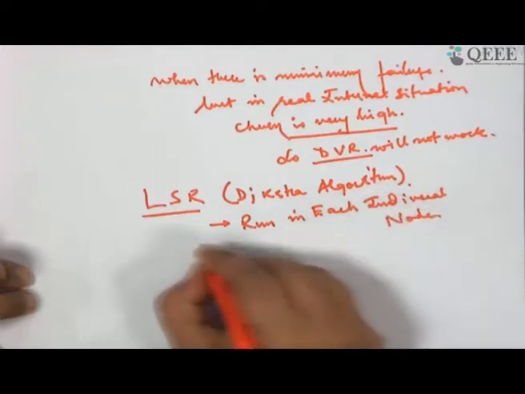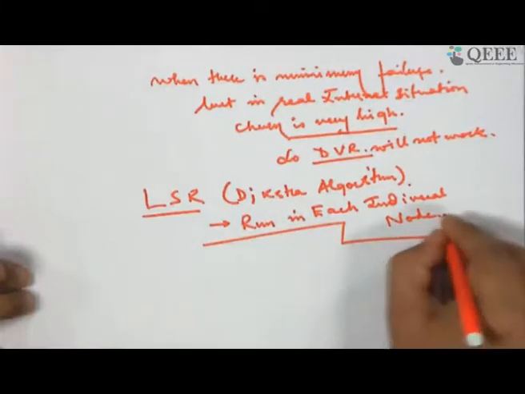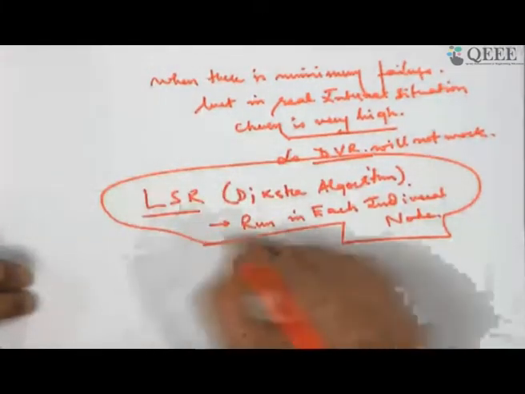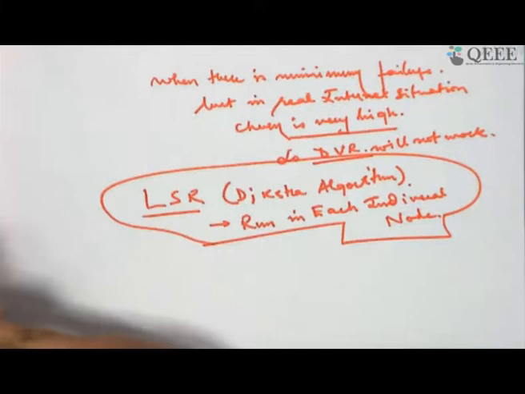If we have to run the Dijkstra algorithm in each individual node, then what do we need?